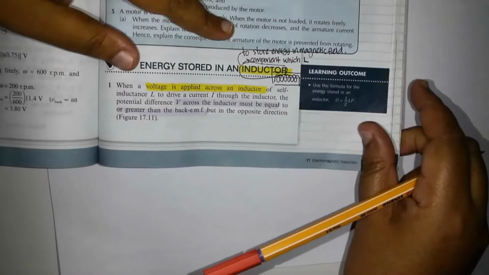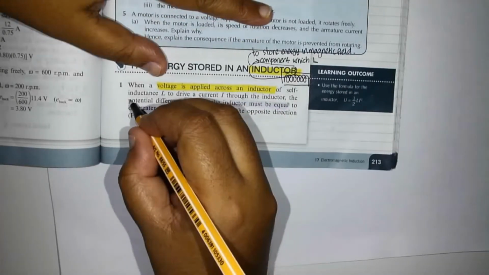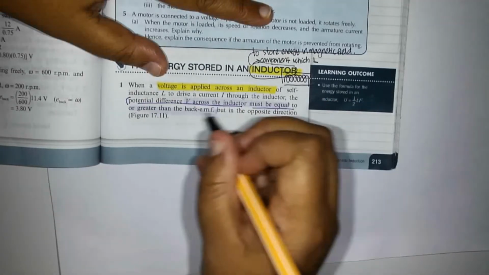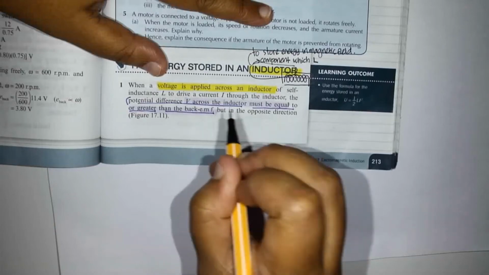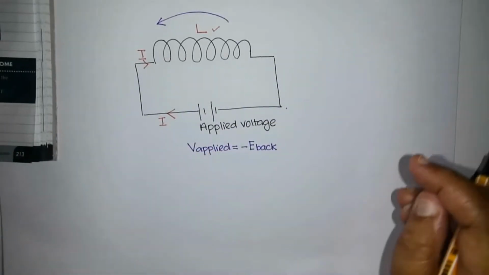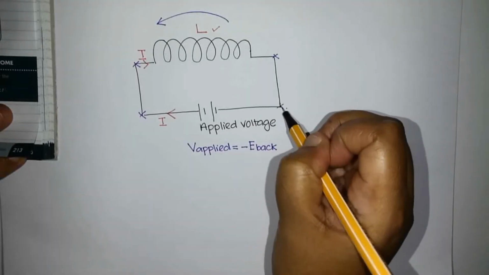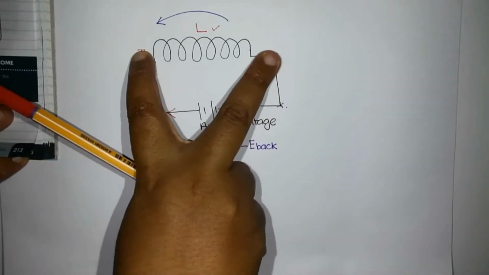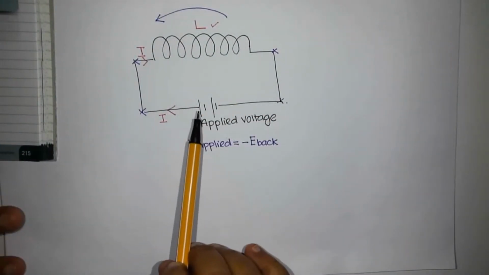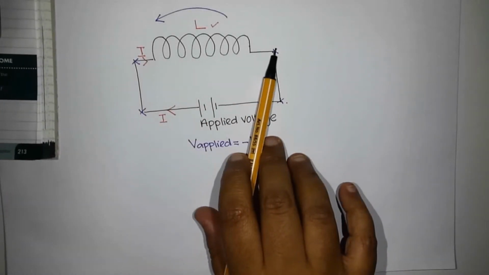The sentence on page 213 of our Oxford Fajar book says the potential difference across the inductor must be equal to or greater than the back EMF. Potential difference across the inductor means the applied voltage. So this voltage must be equal to or greater than the back EMF in order for the current to drive through the inductor.